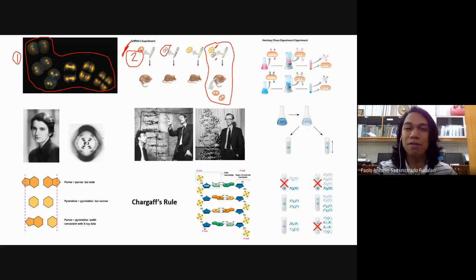So theoretically, as shown in picture number 3 here, it should not cause a disease in the mouse and the mouse should survive. So he injected a dead virulent strain, but together with that, he also injected an avirulent strain. And then the mouse died. And then when he got blood samples from the mouse, he found out that there are actually virulent strains in the mouse. So where is that from?